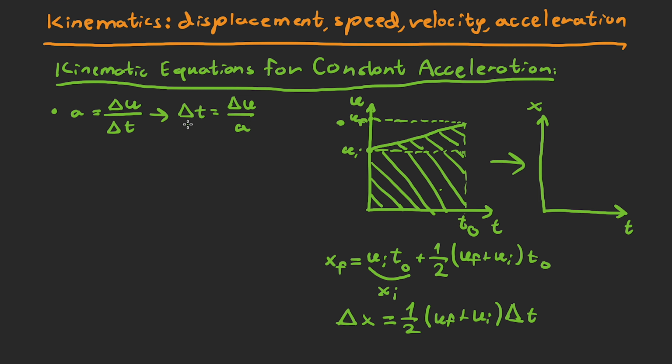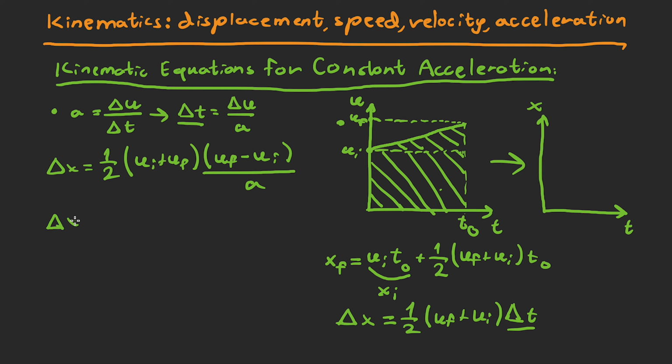If we substitute this to here, let's look at what we'll get. Delta x is equal to half times the initial velocity plus the final velocity times delta v, which is equal to the final velocity minus the initial velocity, divided by the acceleration.